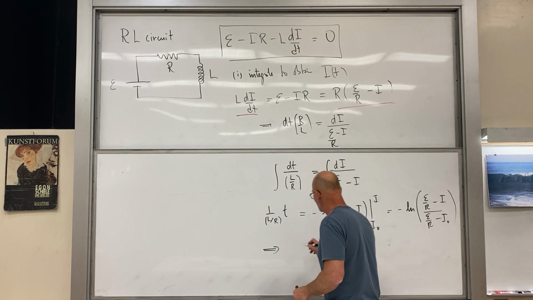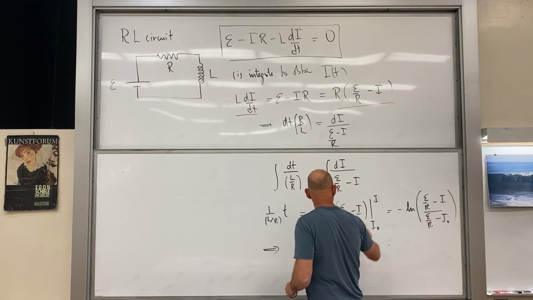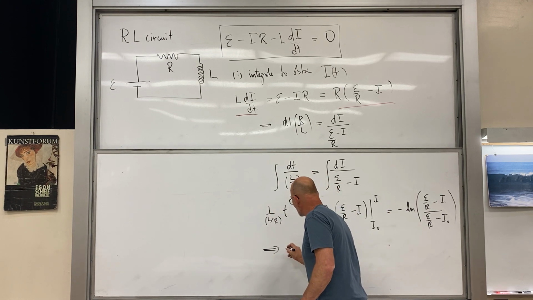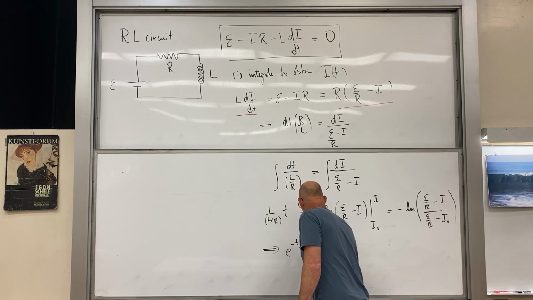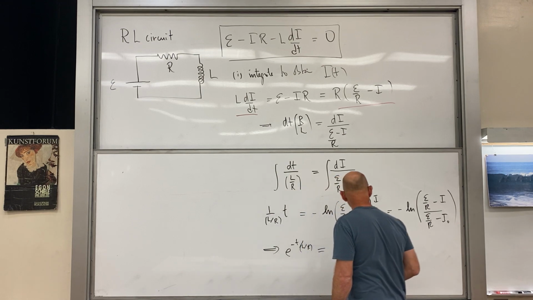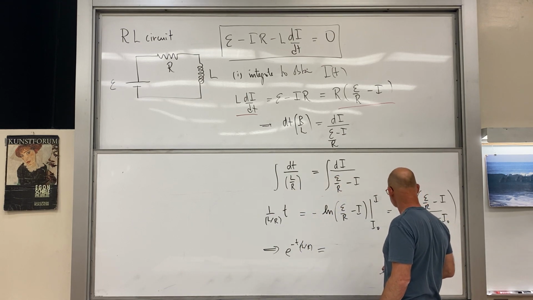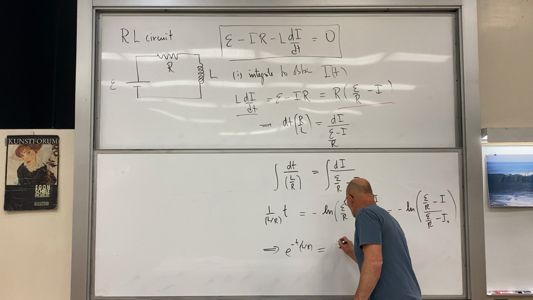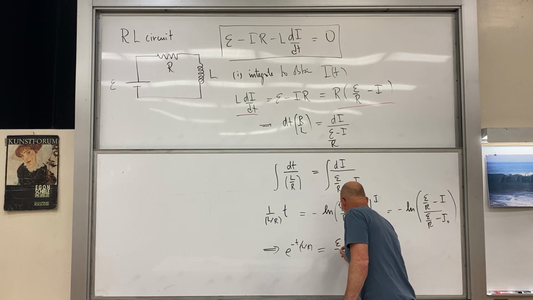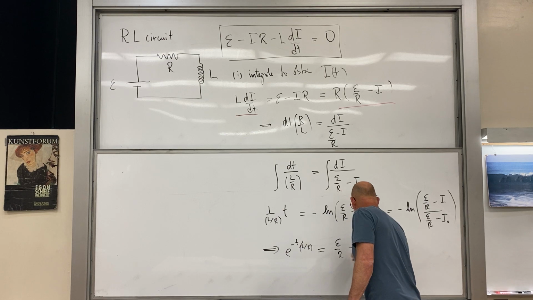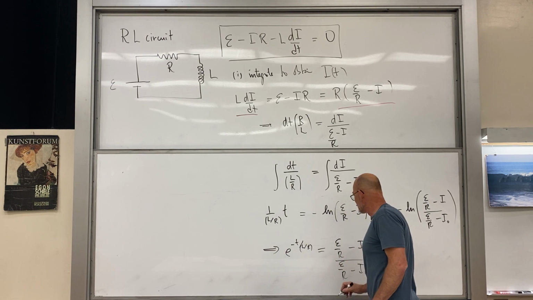And we have, take the minus sign over to here, e to the minus t over this L over R is equal to E over R minus I divided by E over R minus I0.